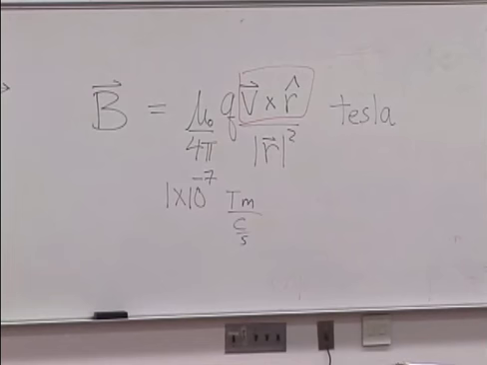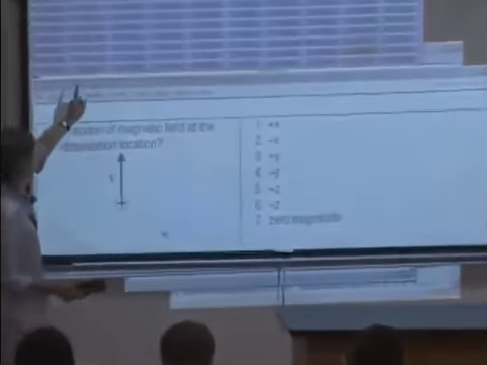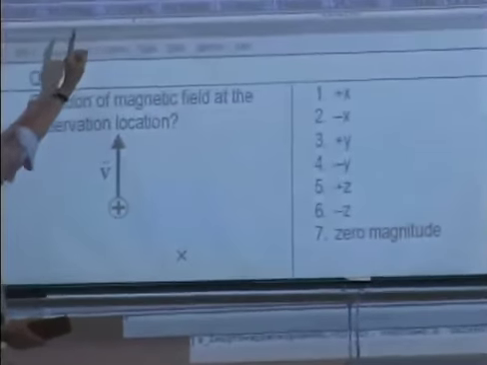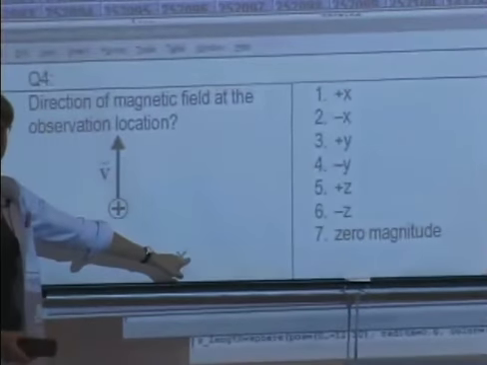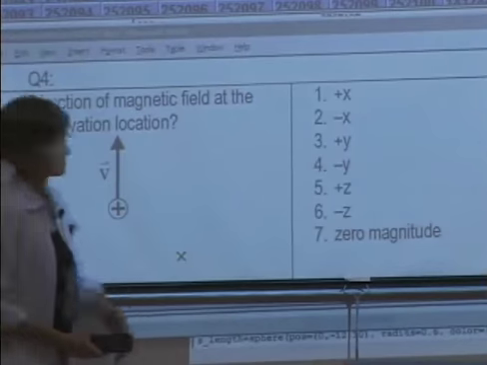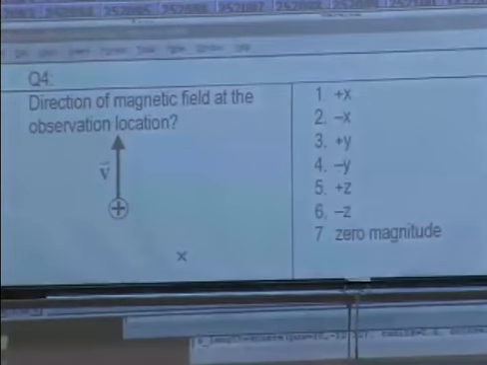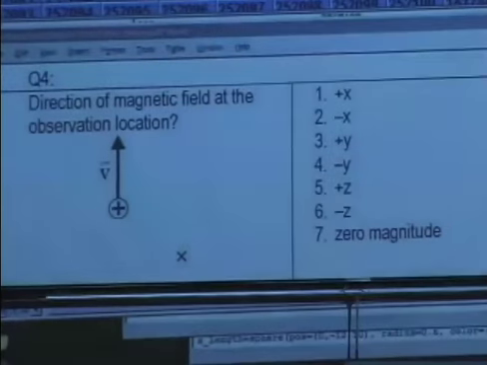So, real quick, one question. Positive charge moving in the plus Y direction. Observation location here, somewhere in the XY plane. What's the direction of the magnetic field at the observation location?